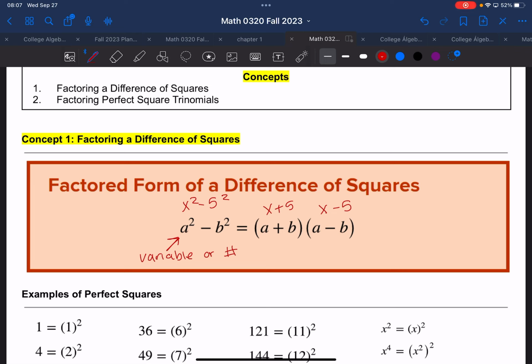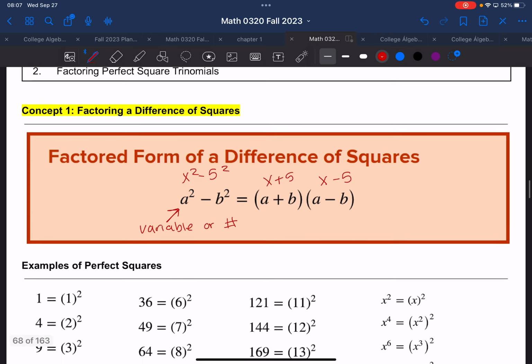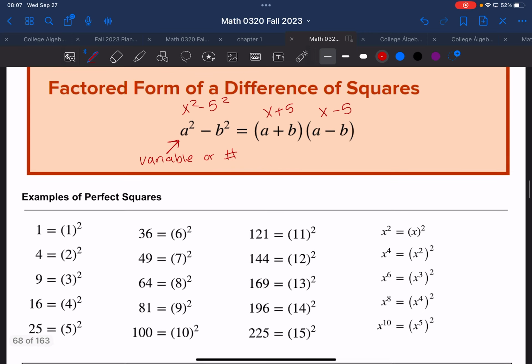Notice when you square the 5, you get 25, and 25 is an example of a perfect square. More examples of perfect squares are below. So for example, 9 is 3 squared, 81 is 9 squared, 144 is 12 squared, so on and so forth for the numbers.